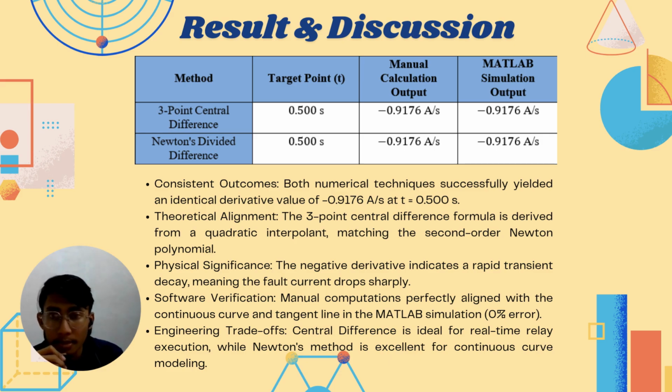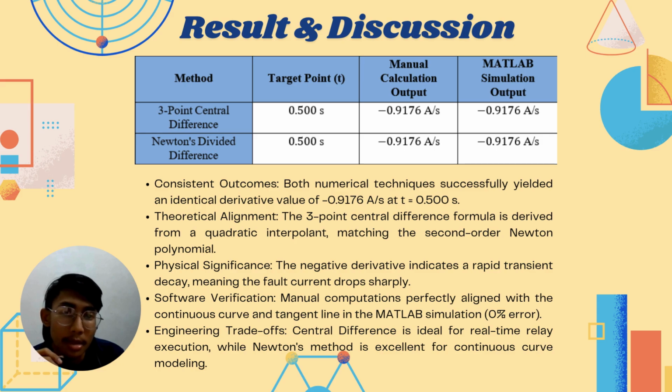So for the results and discussion, as you can see from the table, we choose the target point at 0.500 second for the first method, and the second method is also the same.